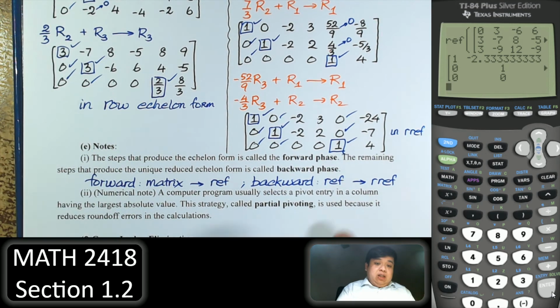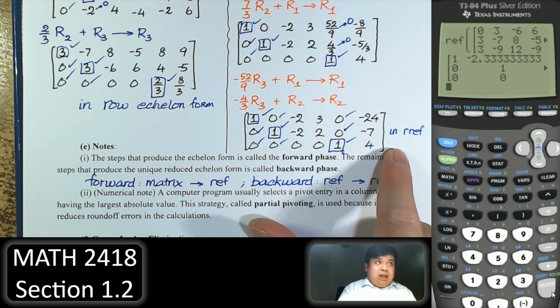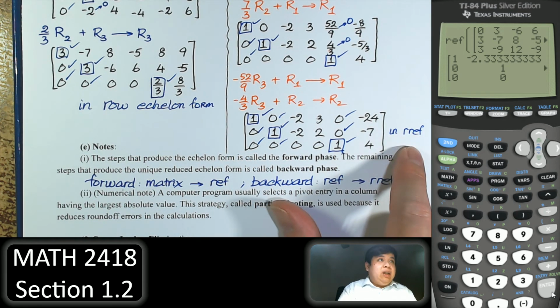What will be the same is the reduced row echelon form. The reduced row echelon form is unique.